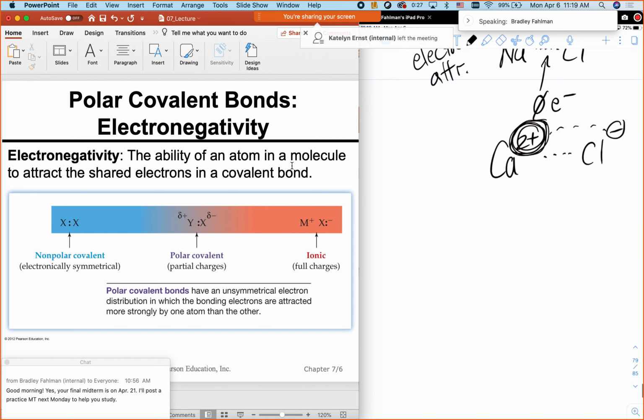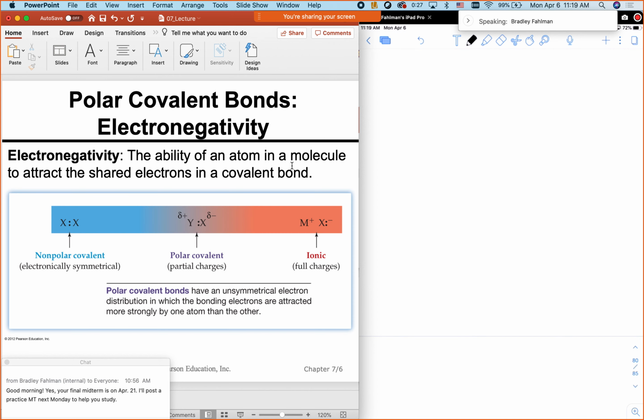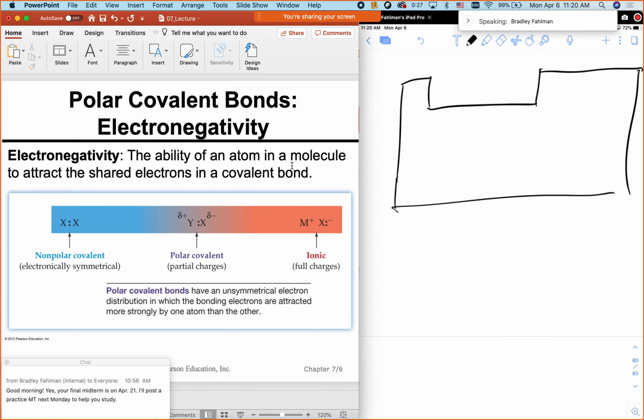So when we're talking about covalent bonds, we have to get into the concept of electronegativity. I think we've talked about this before. Electronegativity is how strongly something is pulling electrons toward itself. If I draw a really rough schematic of the periodic table, which is the most electronegative element? Fluorine, yep.